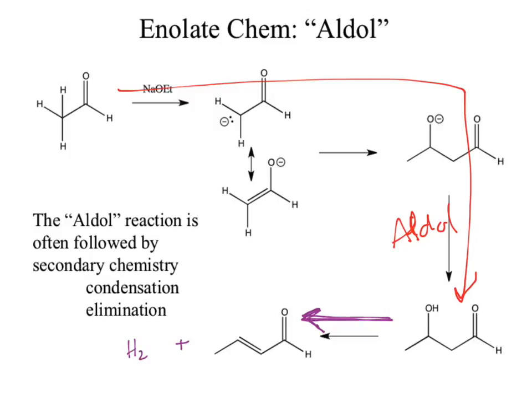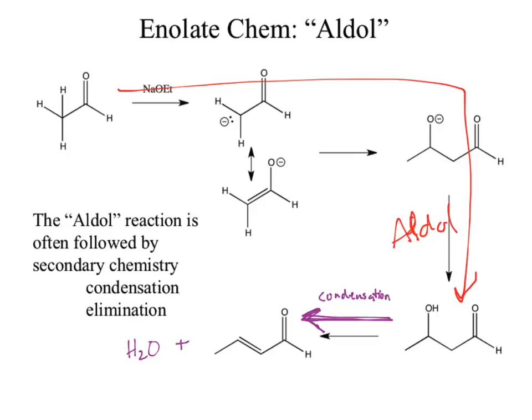Officially water. We removed a hydrogen and we removed OH. If we heated this reaction up, what do we end up seeing? We would end up seeing water vapor condense on our glassware, making this reaction a condensation.